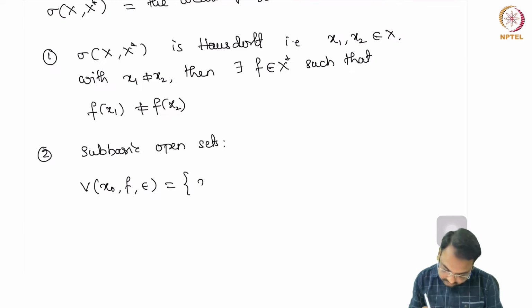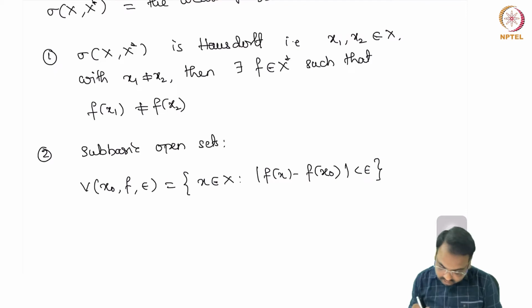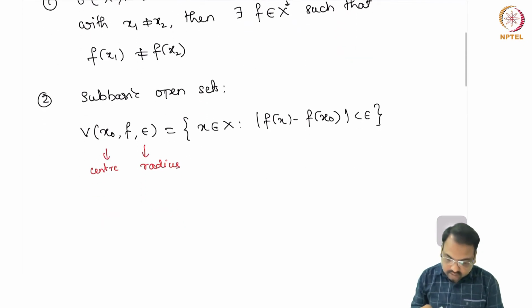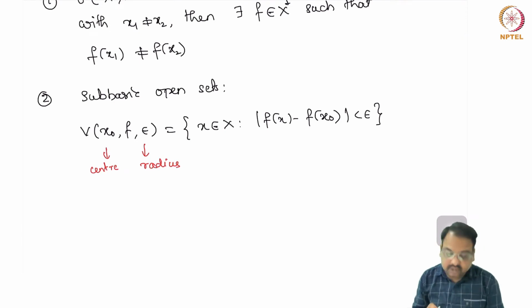It is the set of all x in X such that mod f of x minus f of x naught is less than epsilon. This epsilon is called the radius of the open ball centered at x naught with radius epsilon. This is an open ball or open set, we can call. This is the center. Okay, and sub-basic open sets are of this form.